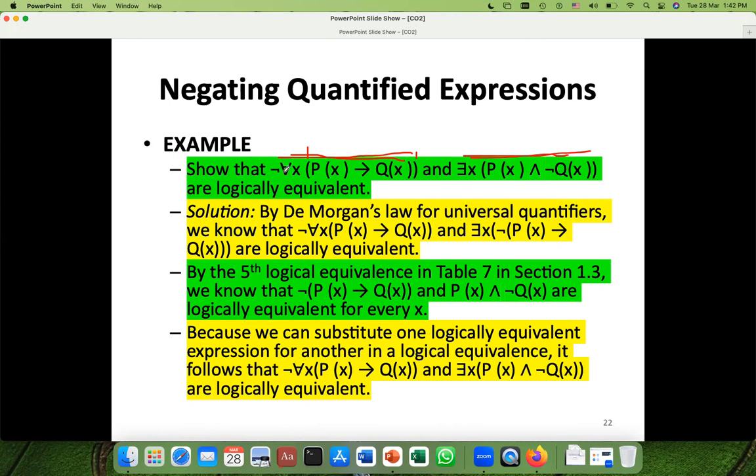And here you have the quantifier for all x, p of x implies q of x, and you have negation outside. Or you can say negation, and then you have these brackets here, and you have the implication.